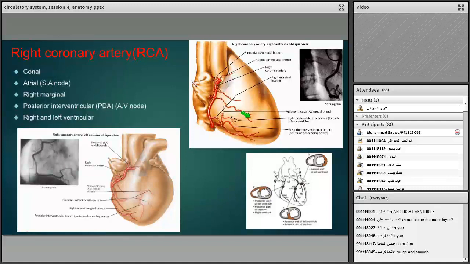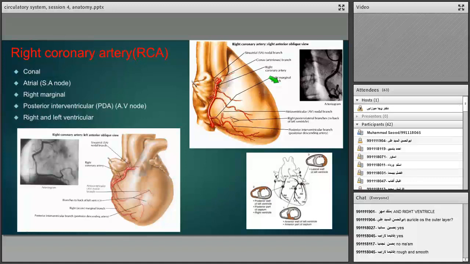After that, this artery is surrounding the heart and sending one branch into the inferior margin of the heart, which is called the right marginal branch.